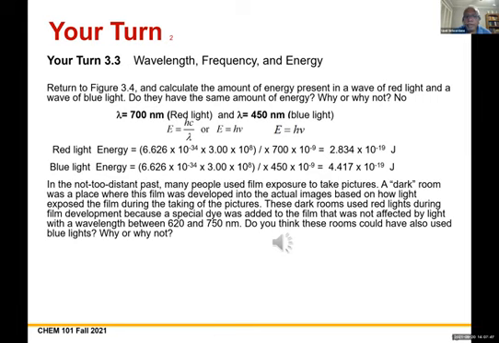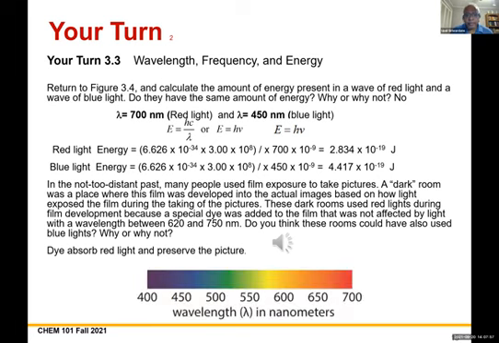The blue light is high energy. If you look at the picture, the blue light is not in the range 620 to 750. The blue light is 450 here. So blue light couldn't have been used. This has something to do with the energy of the different radiation.